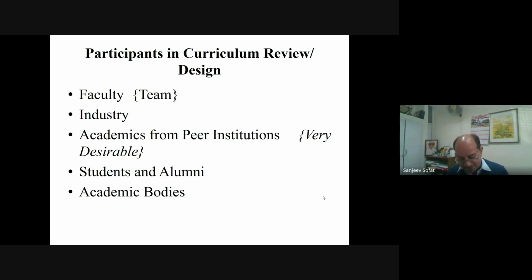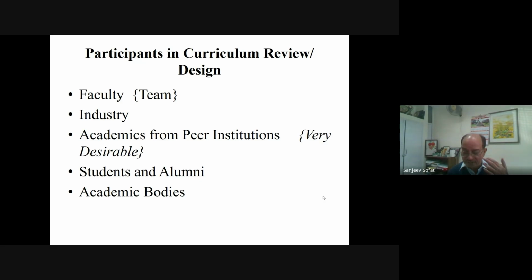If we don't consult the industry, they say the students being produced by the institutes are not industry ready. What do they mean by that? Can I make him productive from day one? If so, they say he is industry ready. Otherwise, we have to train them again. So that's why industry feedback is very important.